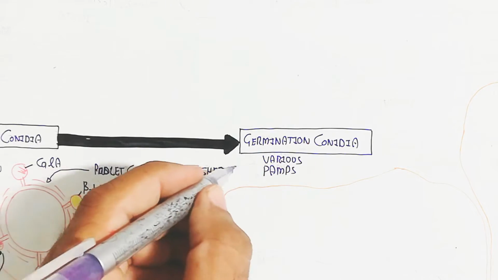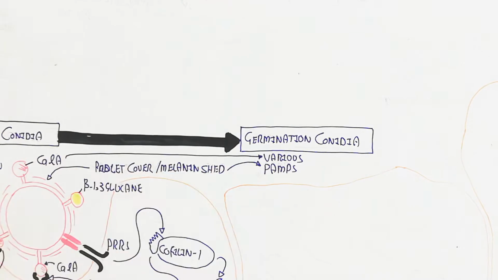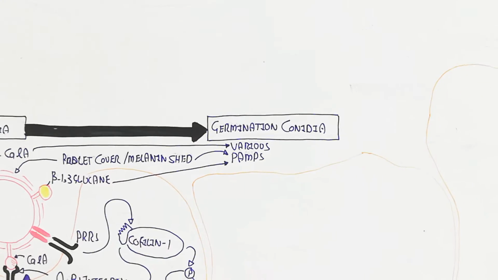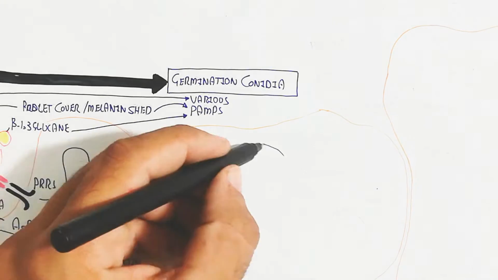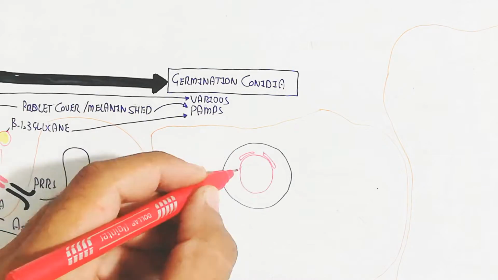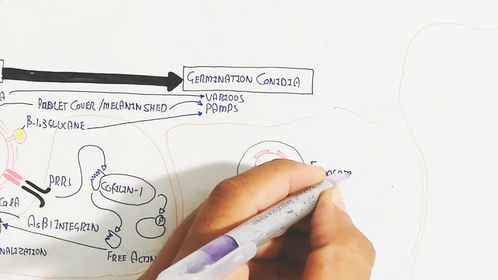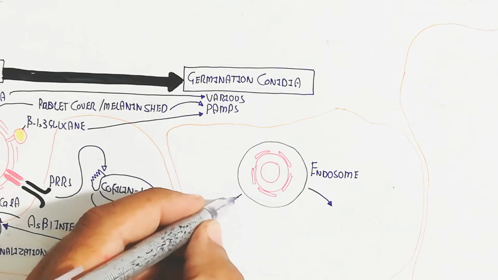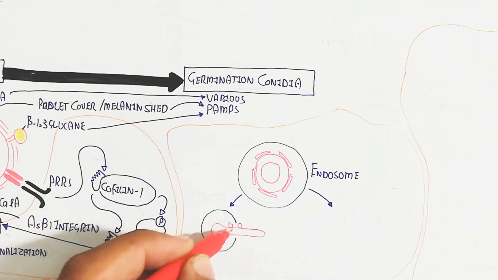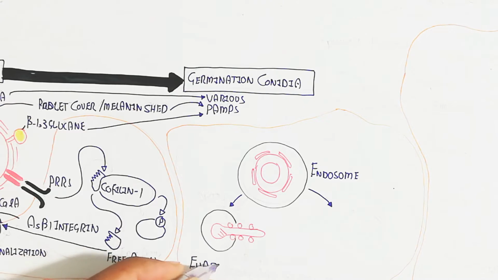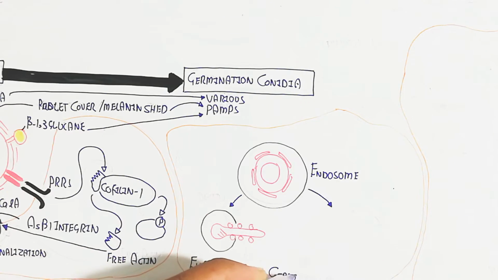So basically the various pathogen associated molecular patterns are recognized in this manner. So remember these things. After this, endosome formation will occur. This endosome formation and dectin are basically inhibited by this, and evasion and germination will occur.